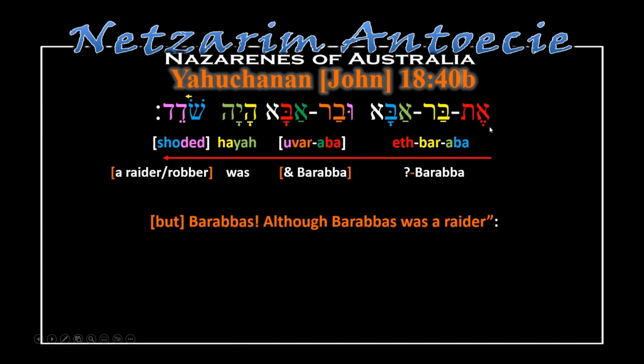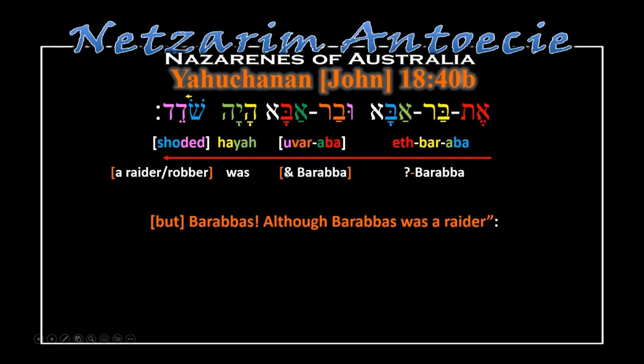And part B, we have an aleph, a tav, a bet, a resh, aleph, bet, aleph. Vav, vet, resh, aleph, bet, aleph, hey, yod, hey, shin, dalet, dalet. And I'll put the arrow there because the mark should be a little bit over, not to confuse us when we look at the letter. It is a shin. So we have et, grammar marker, Barabba. Barabba means Barabba. That's his name, right?